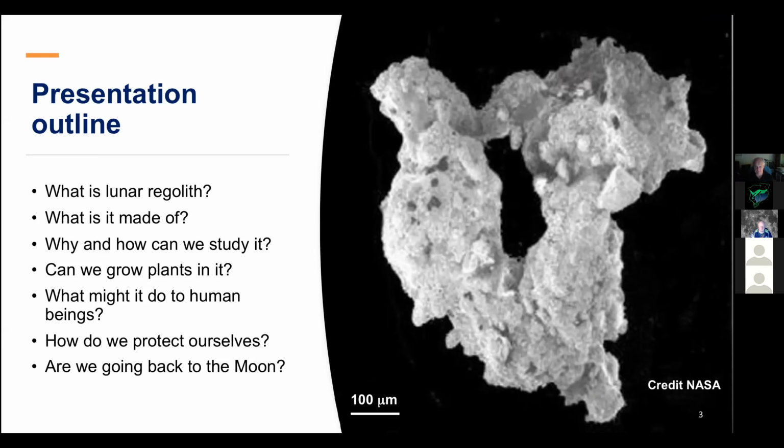That's been a topic of some speculation for quite some time. What might it do to human beings, which is very relevant, particularly if we think about returning to the moon for any period of time, let alone colonizing it? And then how do we protect ourselves? And then to ask the question at the end, are we going back to the moon?